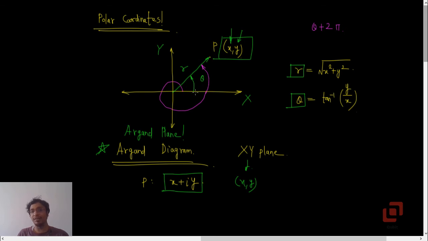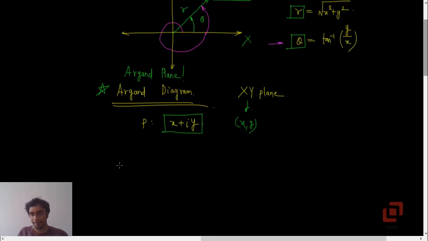So there are infinitely many such values of angles which qualify to be called the argument of any complex number. That's why we define the principal argument. The principal argument of any complex number is that angle which lies between -π and π. We are excluding -π, but we are including the positive π.